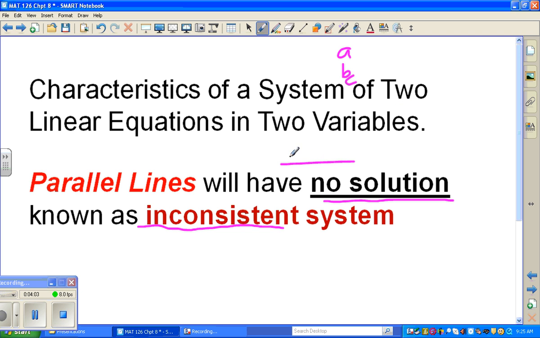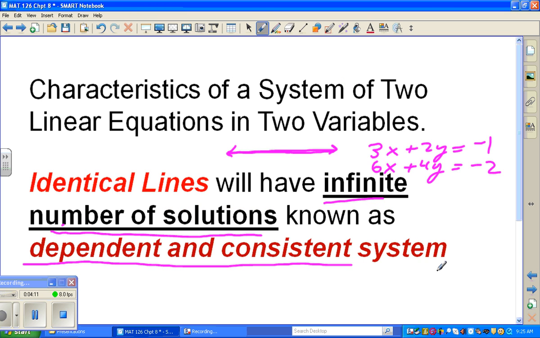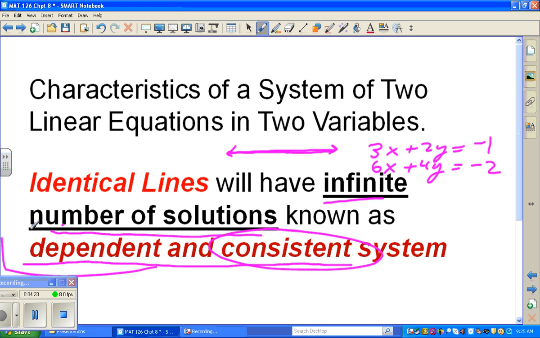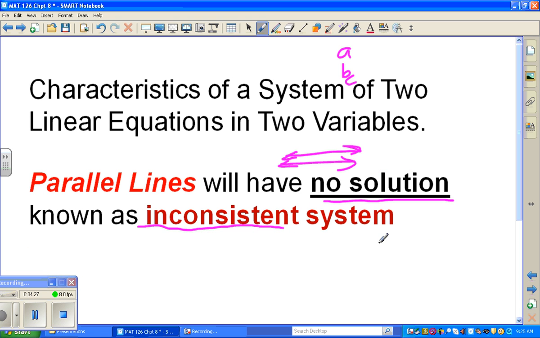So, parallel lines have no solution, known as inconsistent. If it has a solution, it's known as consistent. If it has only one solution, it's just consistent. More than one, dependent. No solutions, inconsistent. Okay? That's how it works.